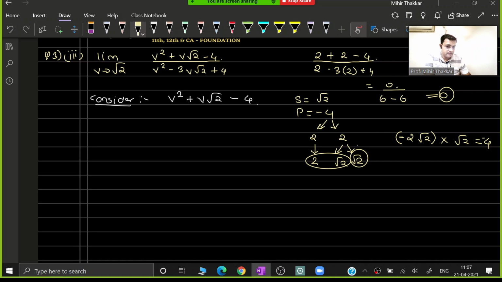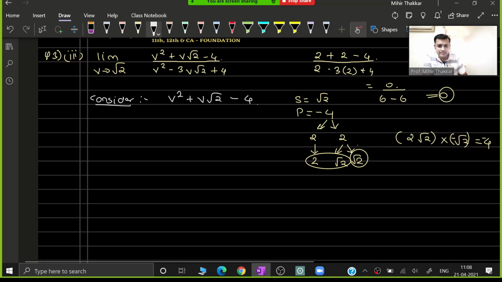Then it will become negative 4. But if the greater number is given a negative sign, the sum becomes negative, which will not be acceptable. In order to avoid this problem, I have a simple idea: give the negative sign to the smaller number. So if the greater number is positive, the sum becomes positive and the product becomes negative as per our requirement.